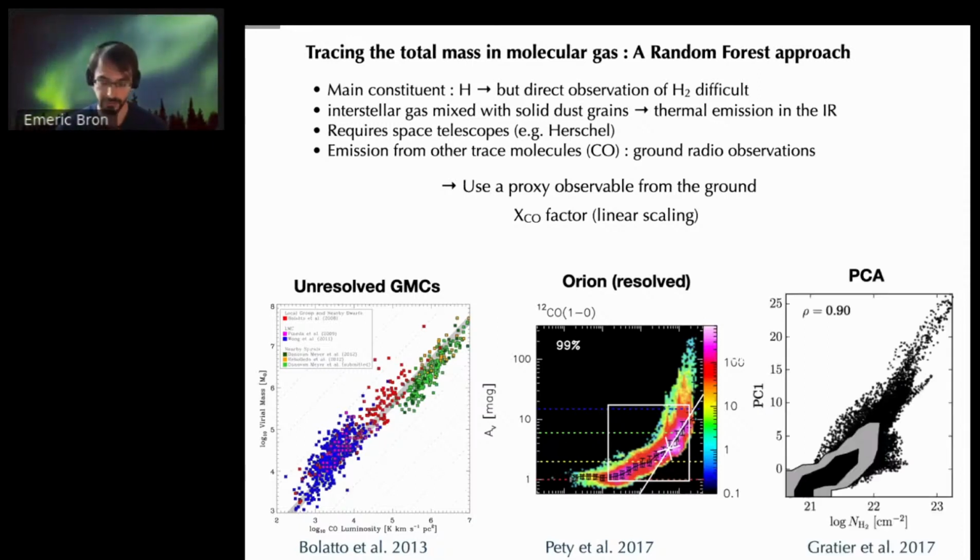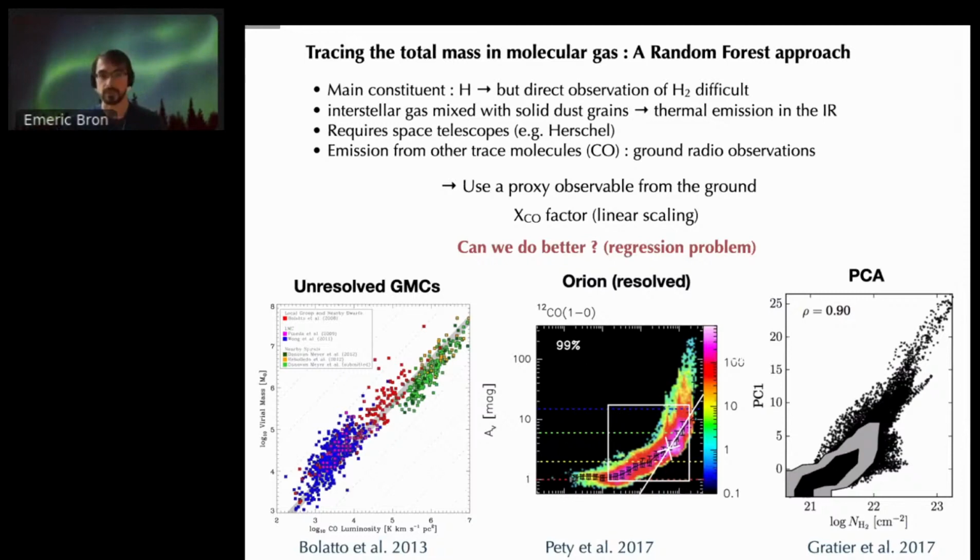And what gives us hope that we can do better is that we saw with PCA, so when we don't limit ourselves to one single molecular line but use tens of molecular lines at the same time, we could build a linear combination of those lines that was very well correlated with the total column density of gas. But of course, this relationship was not perfect, and we expect that with a machine learning model that can capture nonlinear behavior, we might be able to do even better, combining nonlinear behavior and multiple molecular lines.